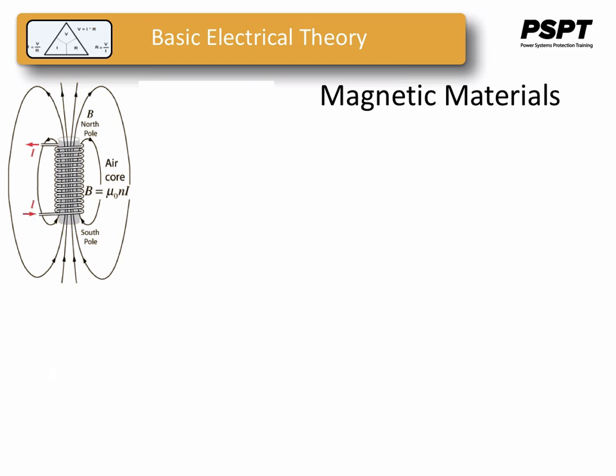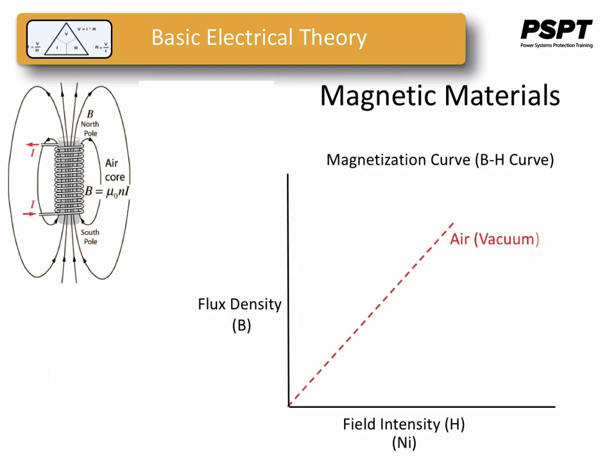If we plot this on a magnetization curve, which we call a BH curve, which plots flux density versus field intensity, the field intensity being the turns times the current, but essentially we're looking at flux related to input current, we have a straight line.